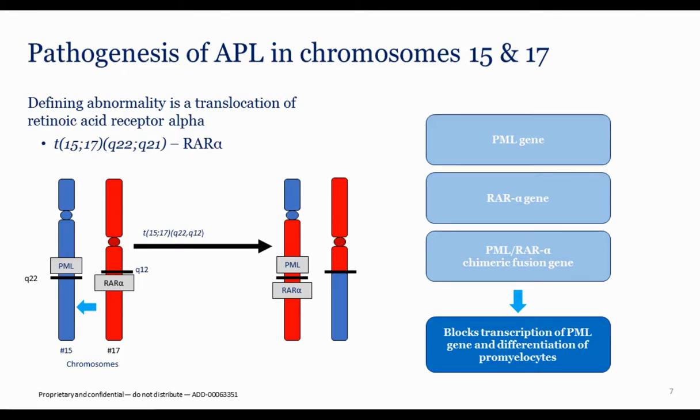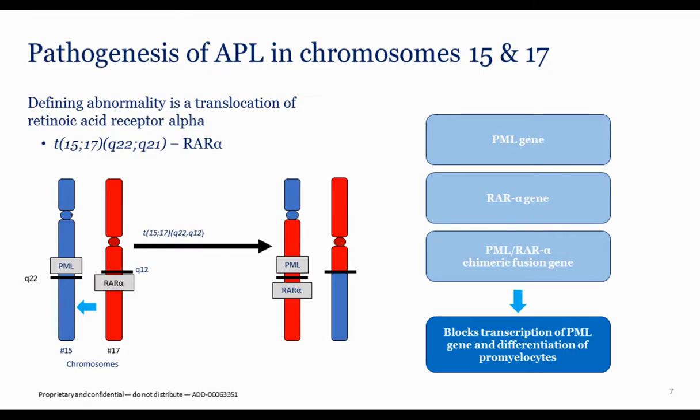So when the actual translocation occurs, what we see is that the PML gene, here located on the long arm of chromosome 15, and the retinoic acid receptor gene, located here on the long arm of chromosome 17, actually get juxtaposed next to each other.